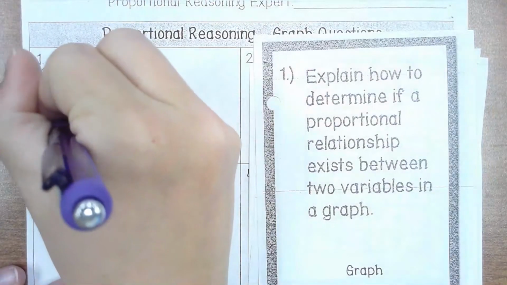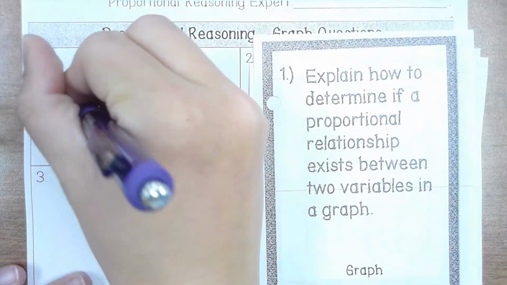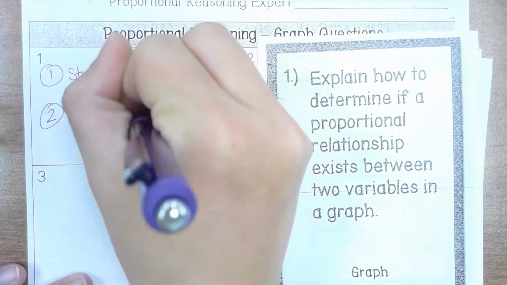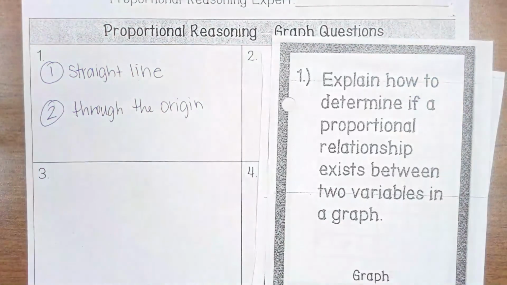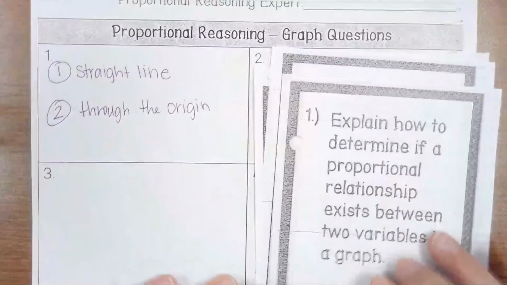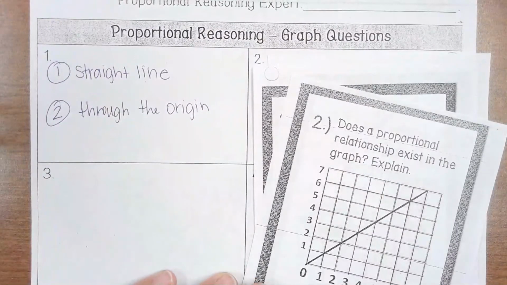And our second requirement was it had to go through the origin. And remember, the point 0, 0 is what we represent as the origin. So as long as the graph is a straight line and it goes through the origin, we say that it is proportional. So there's our first task card.